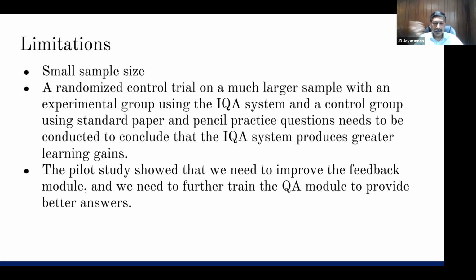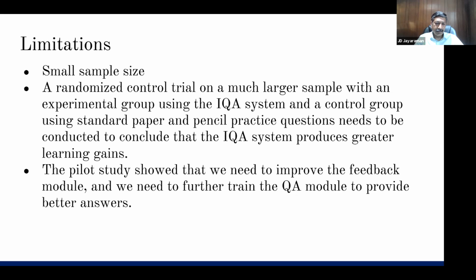We can also make improvements on the adaptiveness of the system to make it more smart, more intelligent. All these things are being worked on. They take time to build. So we wanted to get something out there quick and see if it actually makes a difference. So a lot of the drawbacks were expected.